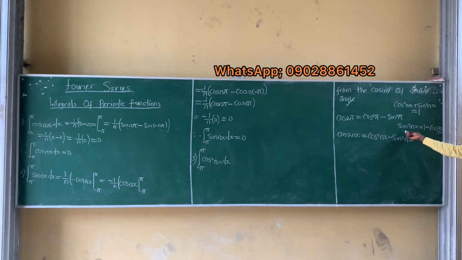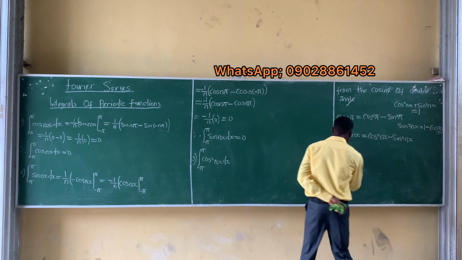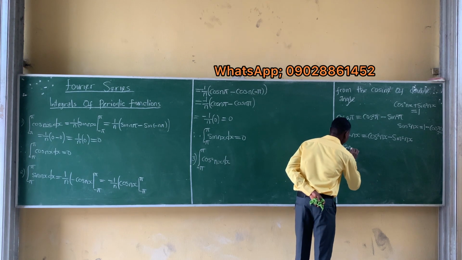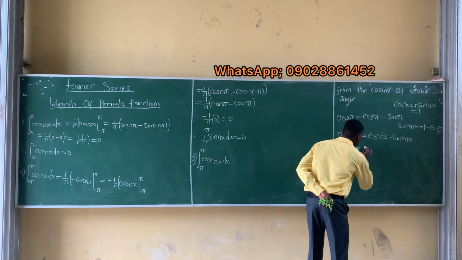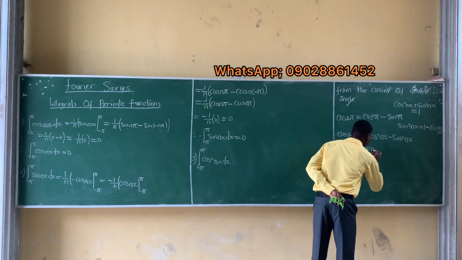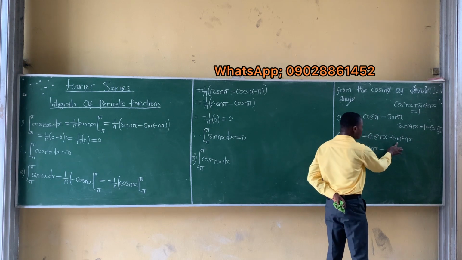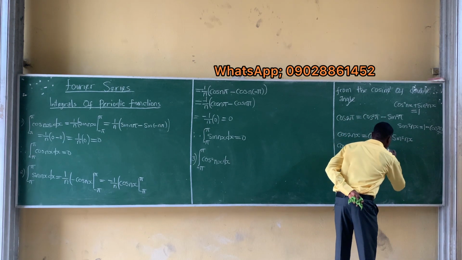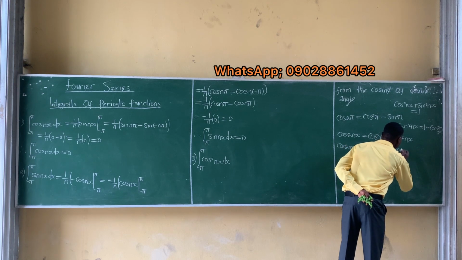So we can substitute for sine square nx here. By substituting, we are going to have cos 2nx is equal to cos square nx minus, sine square nx is 1 minus cos square nx.